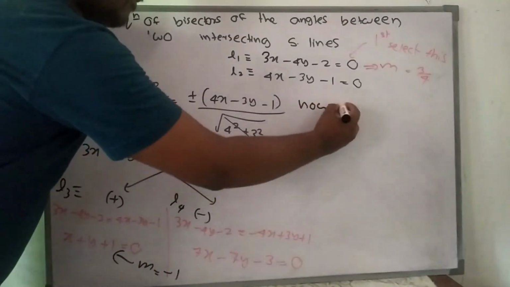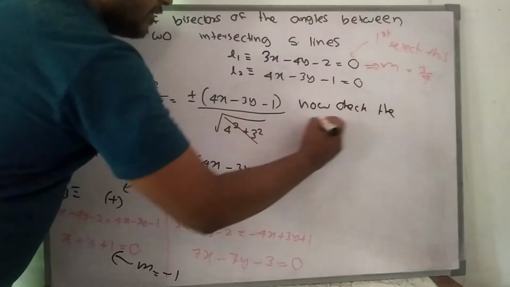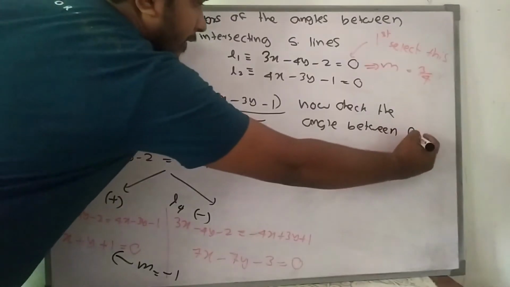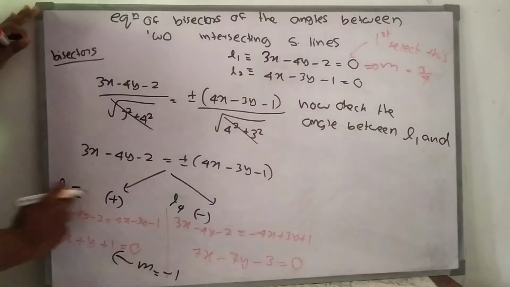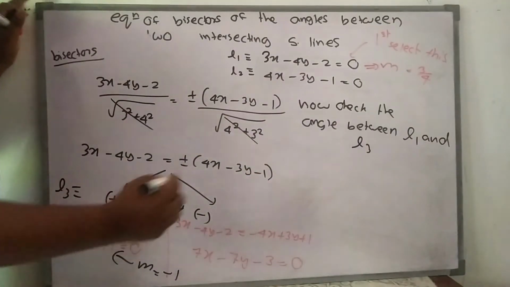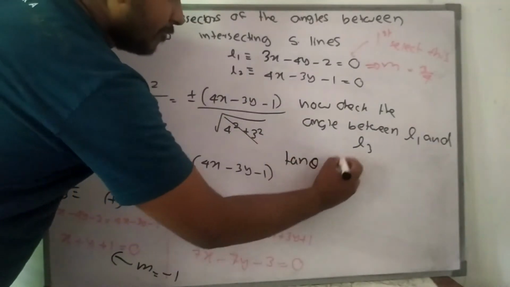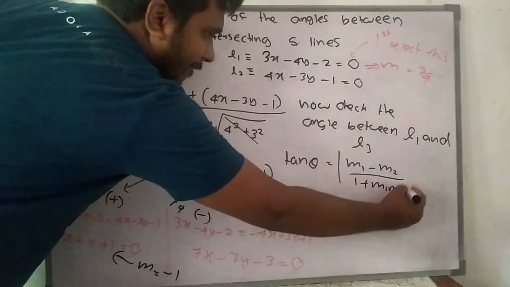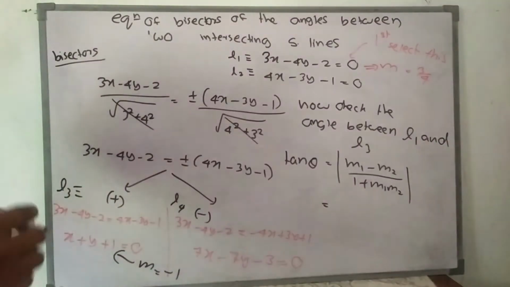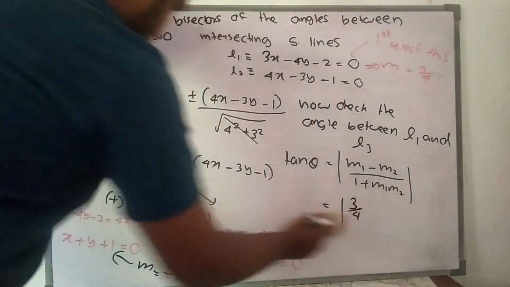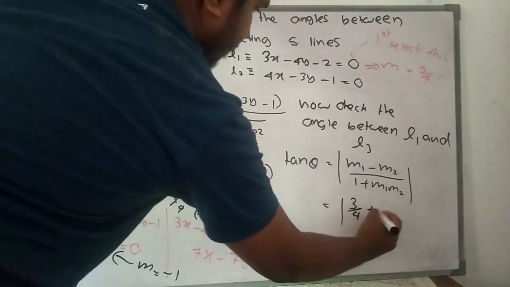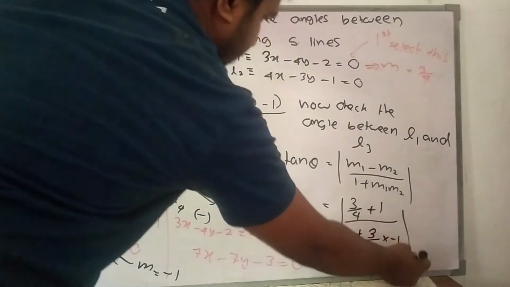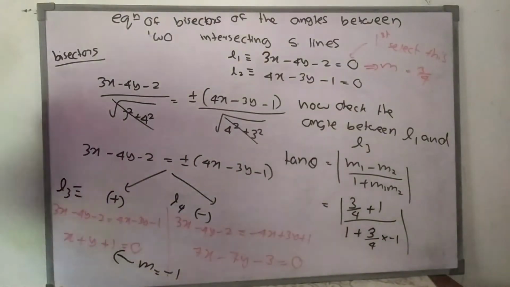Now check the angle between L1 and L3. This is my 3/4, and this is my minus 1: tan theta equals (1 plus 3/4) divided by (1 minus 3/4).